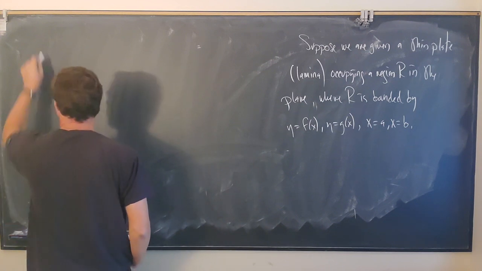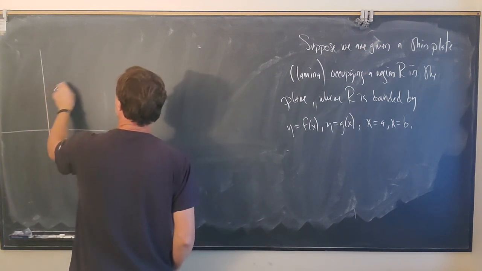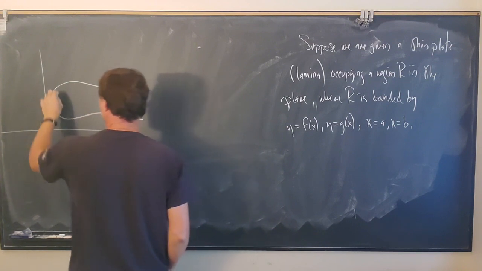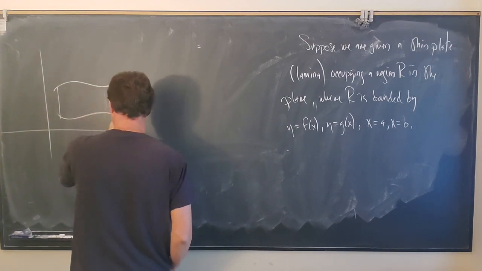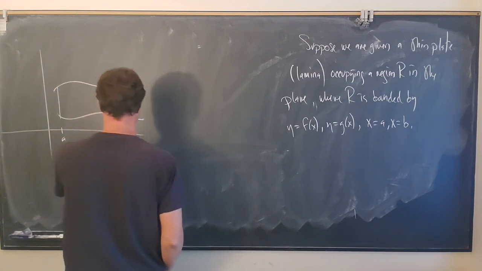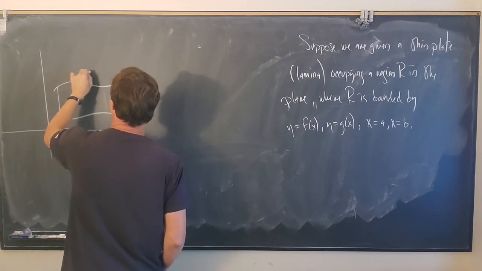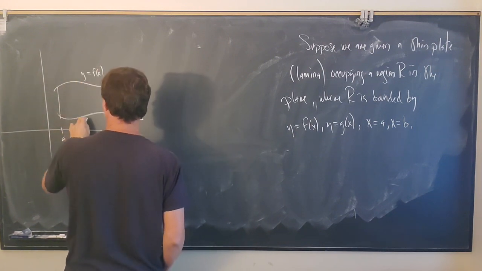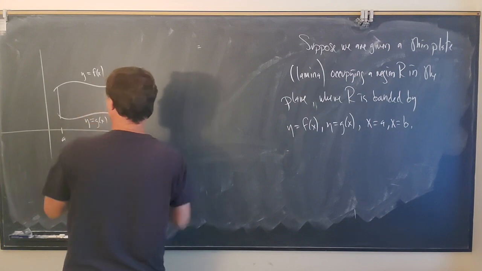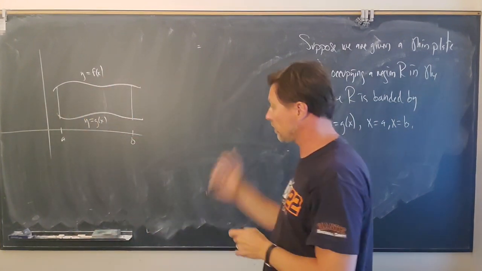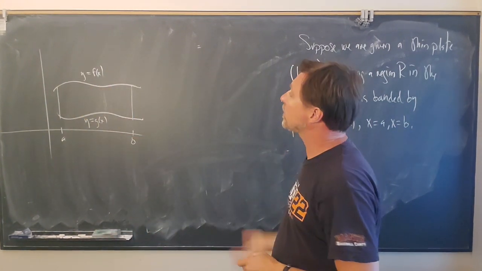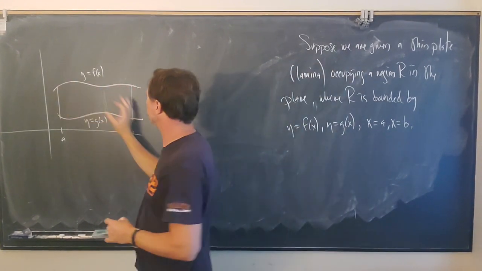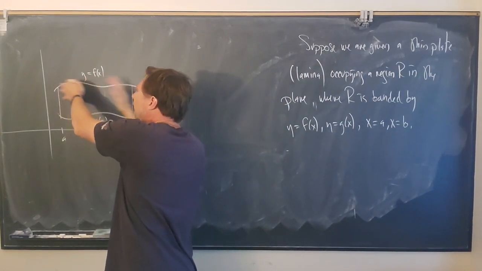So let's see. It's our usual shape, like this. Right. So our region R is this region that you can see right here. So imagine taking this, and that it's an actual physical object that you could take and cut it out, right?